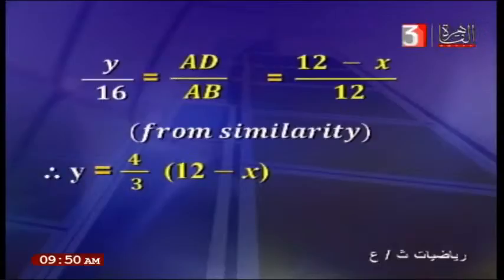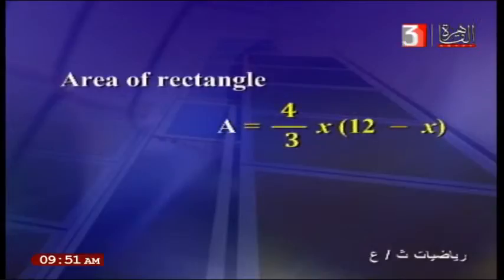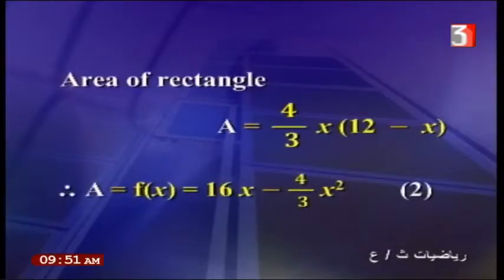Note that x belongs to the closed interval 0 and 12, not less than 0 and not bigger than 12. Then the area A of the rectangle equals 4 over 3 x multiply 12 minus x. This area is a function of x. Then A equals f of x equals 16x minus 4 over 3 x to the power 2.